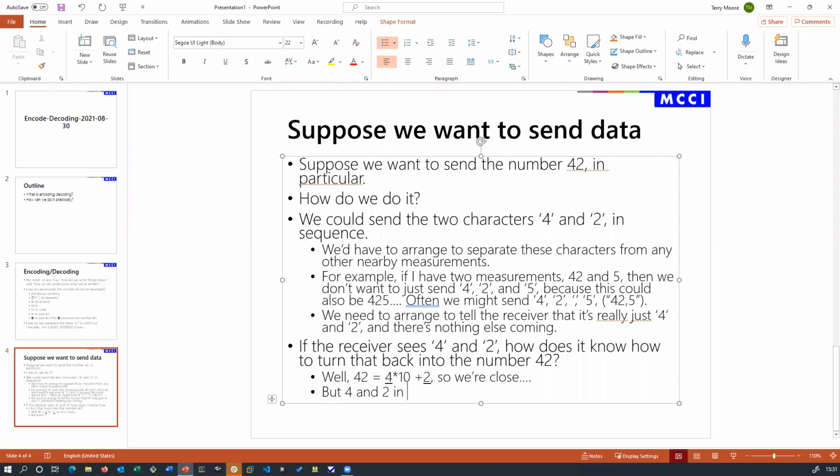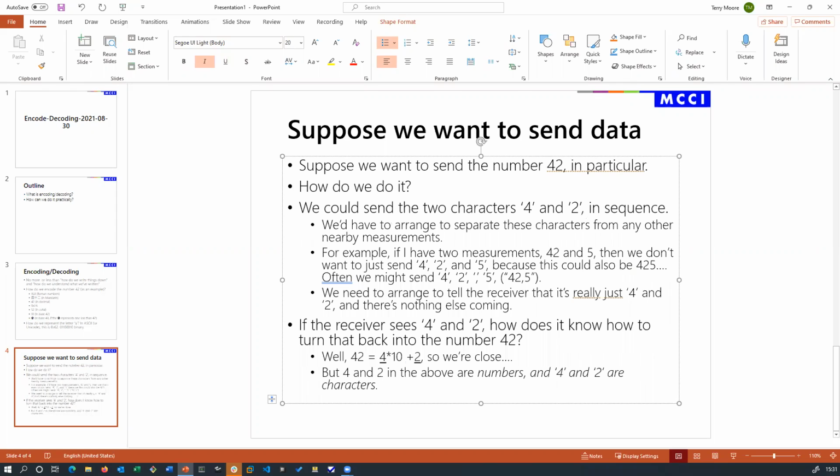The 4 and 2 in the above are numbers, and 4 and 2 are characters.